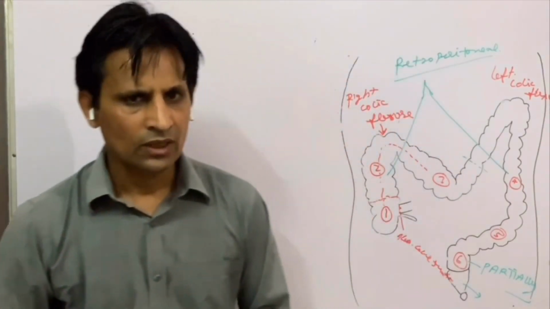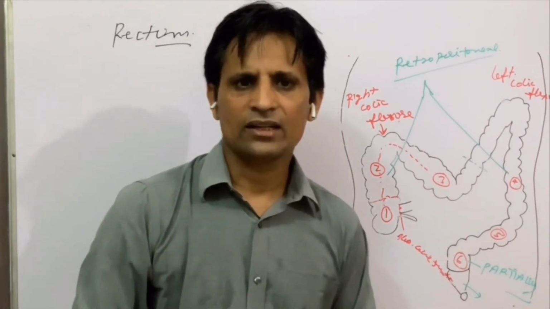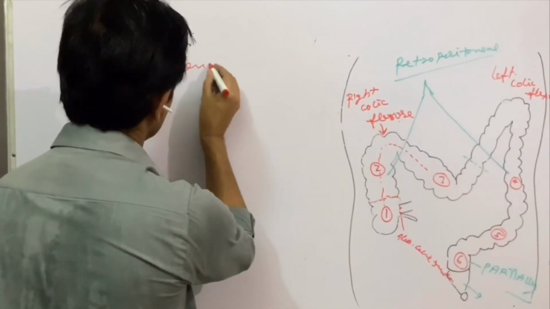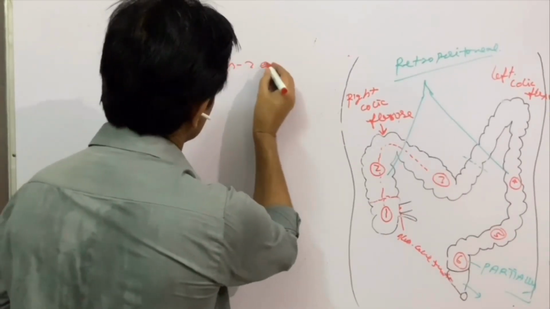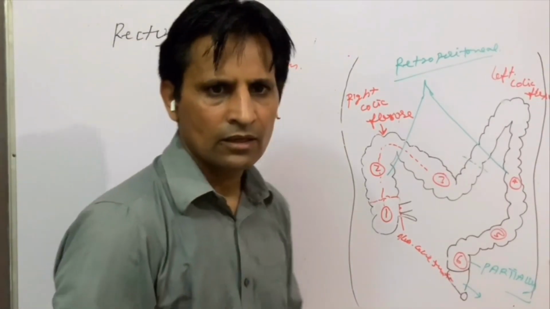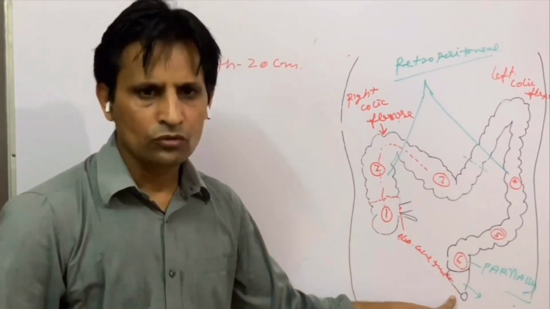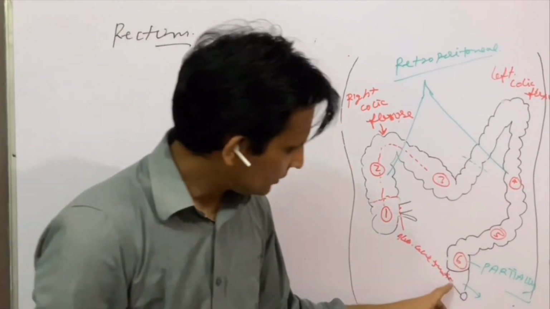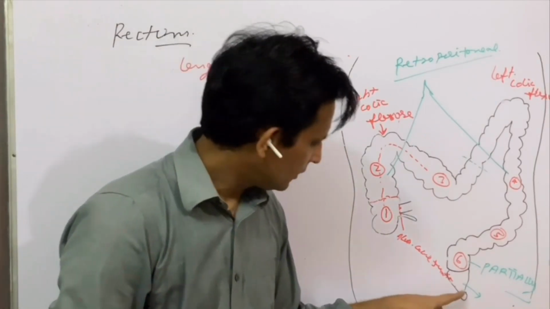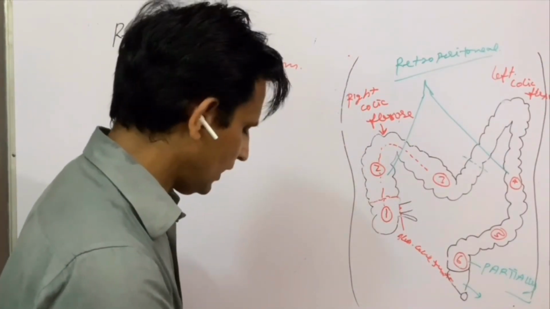First of all, the length of the rectum. The length of the rectum is around 20 centimeter, right? And in this 20 centimeter, the terminal 2 to 3 centimeter portion is known as the anal canal.